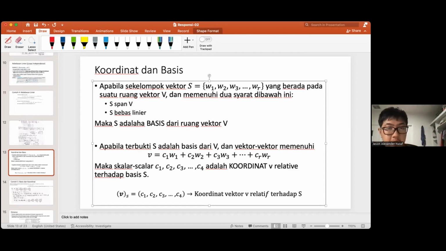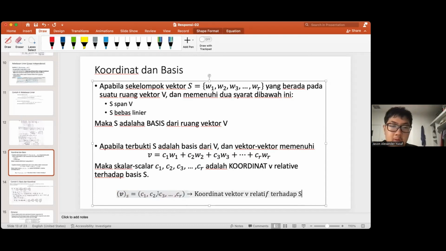And if we have proven that S is a basis of V, and let's say we have a vector V and V fulfills this condition, or V can be expressed as a linear combination of the vectors that are in S. Therefore, the scalars C1, C2, C3 until CR, not C4, but CR, are the coordinates, or what we call the coordinate vector of V relative to the basis S. So this is how we express it.